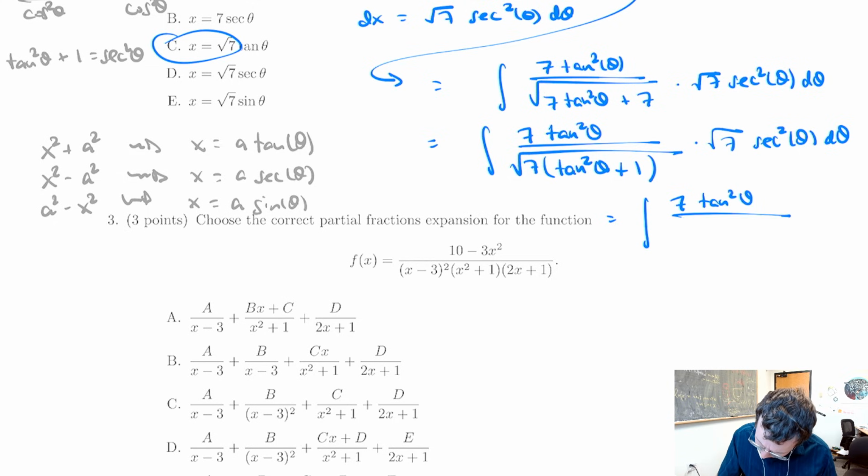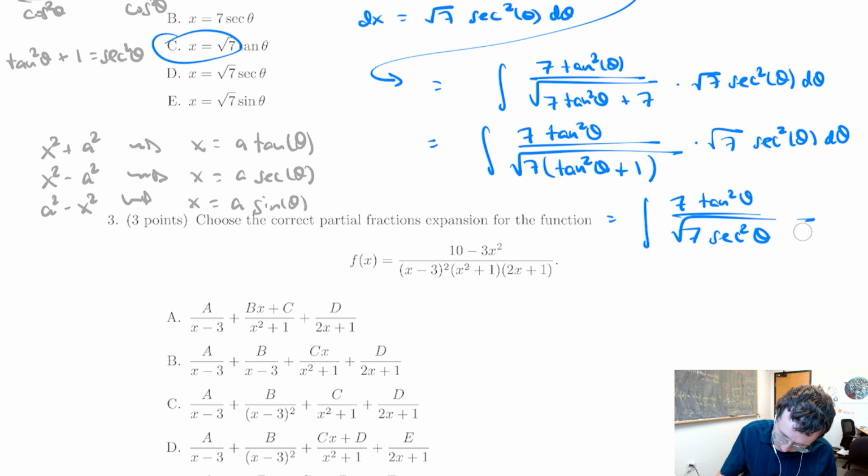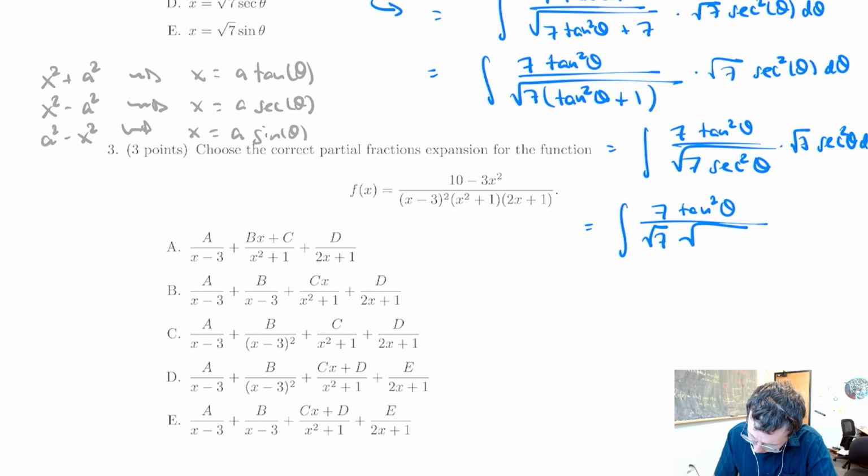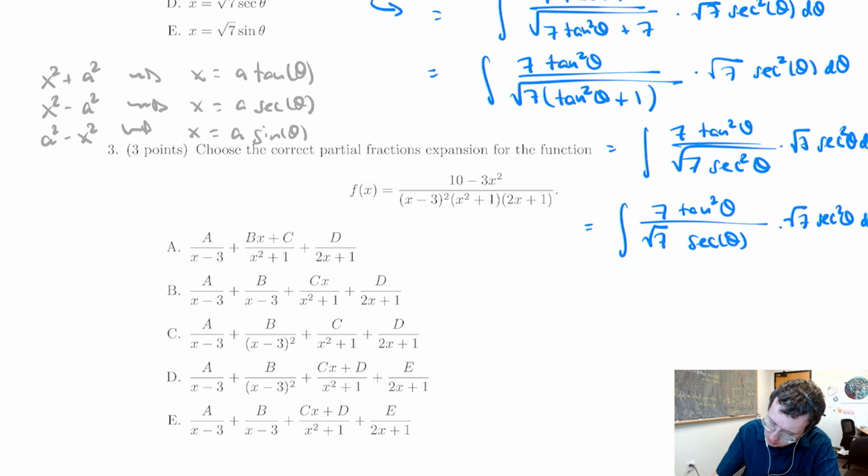And I'm going to rewrite that as secant squared theta. And if I simplify that denominator, the square root of 7 secant squared theta is root 7 times secant theta, and now some cancellation happens.